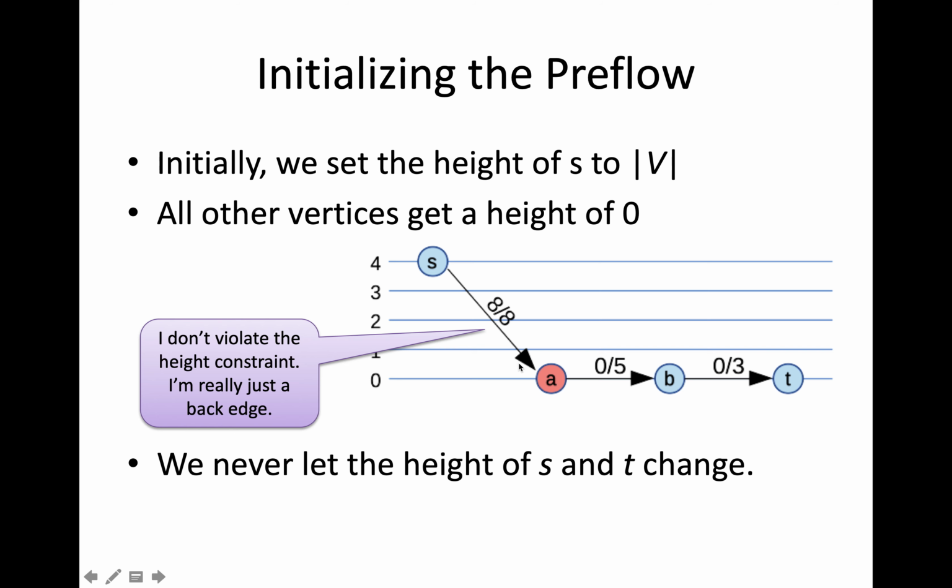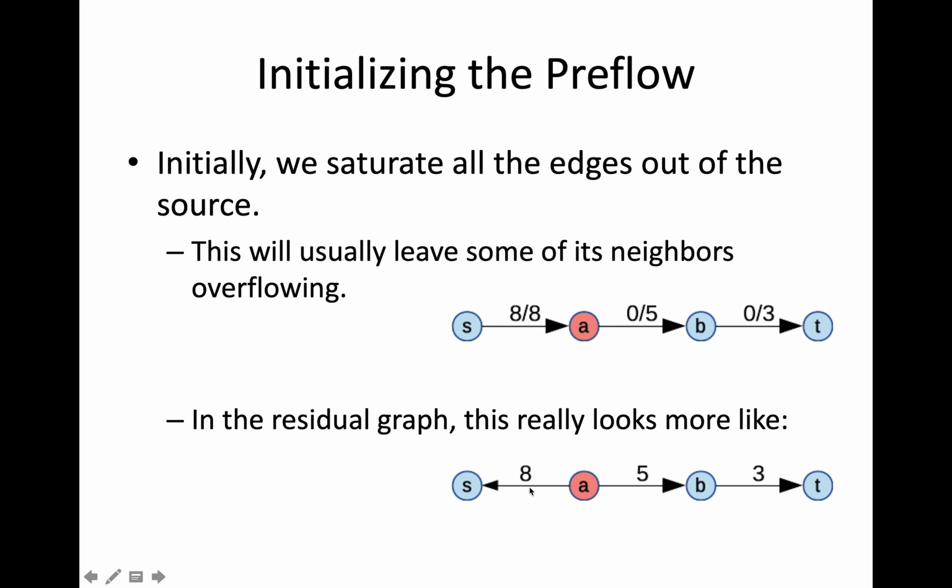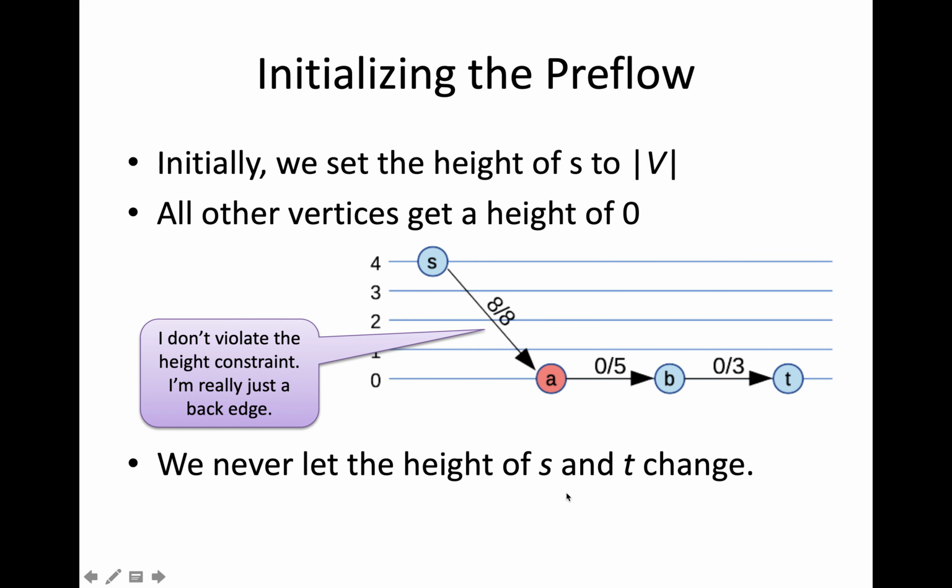But that's one reason I showed the residual graph. This edge is saturated, and even though I drew it kind of pointing from source to sink, if you really looked at the residual graph, it would look like this picture here. The forward edge from S to A has been saturated, and I didn't explicitly draw the residual graph here, but if you think about the residual graph, there's not really an edge pointing this way.